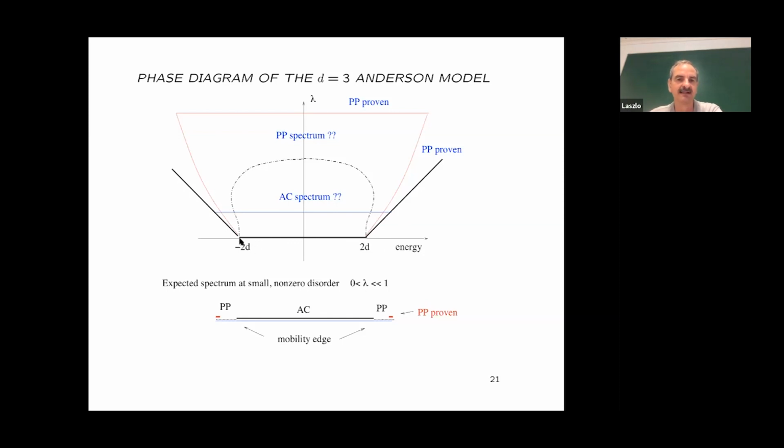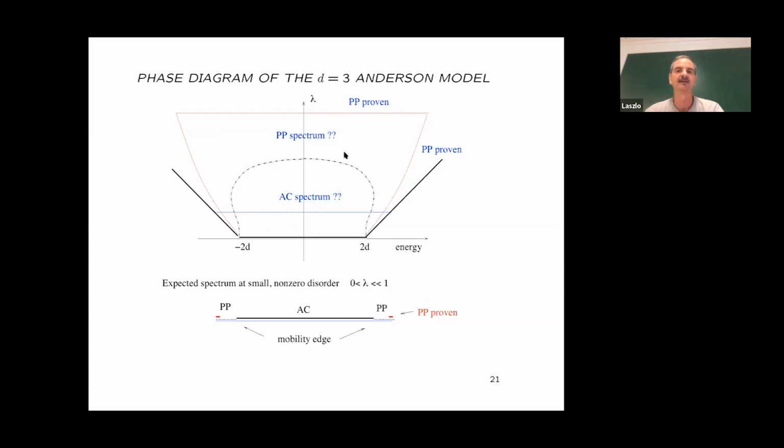When lambda equals 0, in Z^d, the spectrum of the Laplacian is from minus 2d to 2d. If you turn on the randomness, then the spectrum gets broader. These are these black lines. This is not very surprising. But then the question is, where do you see AC spectrum, absolutely continuous spectrum, and where do you see point spectrum? And this is the conjectured line.